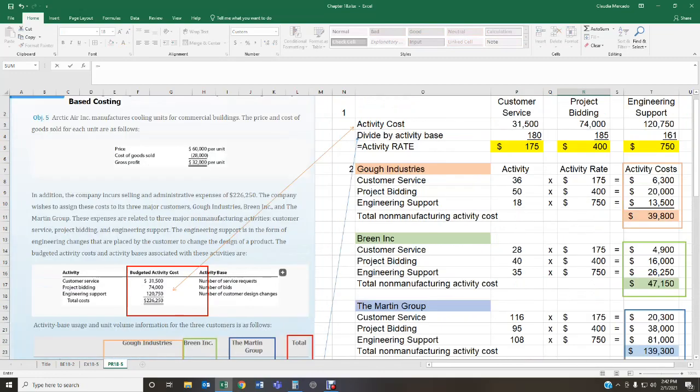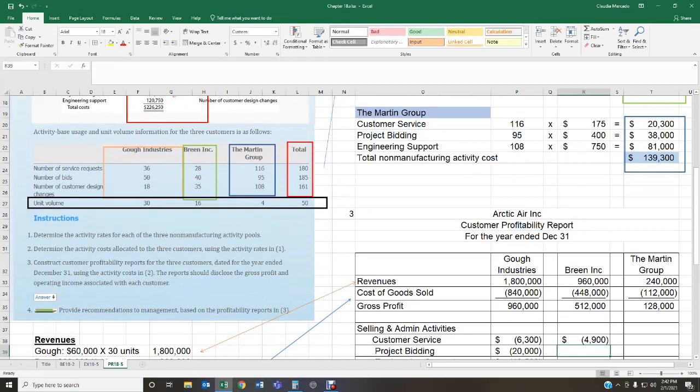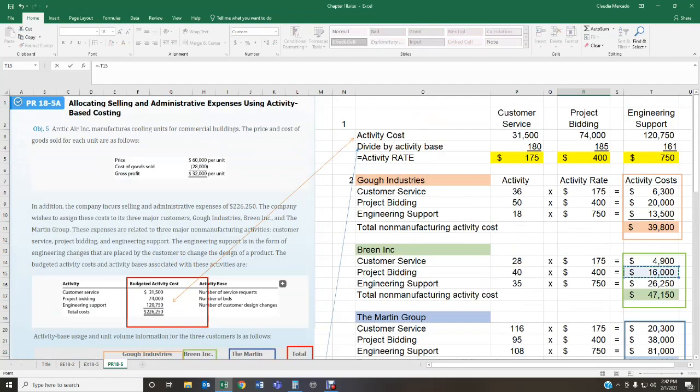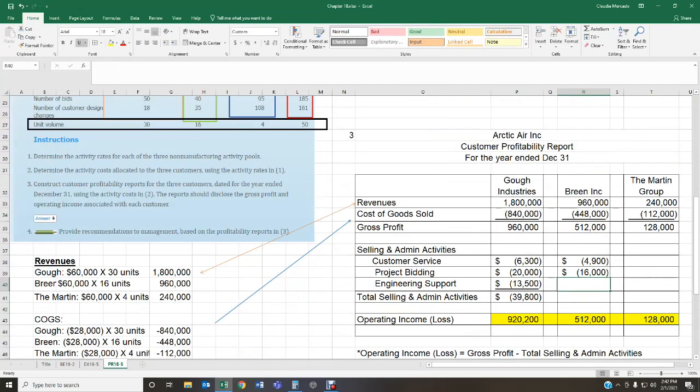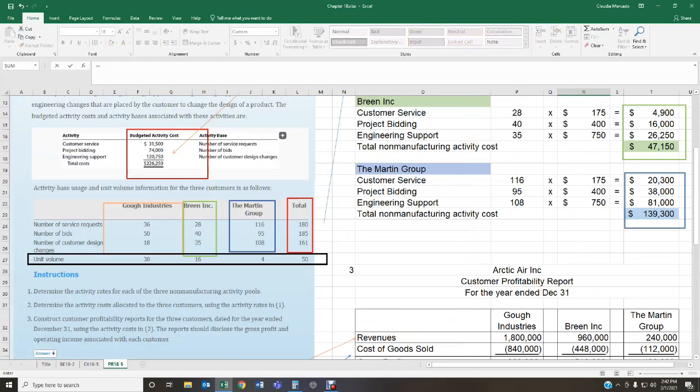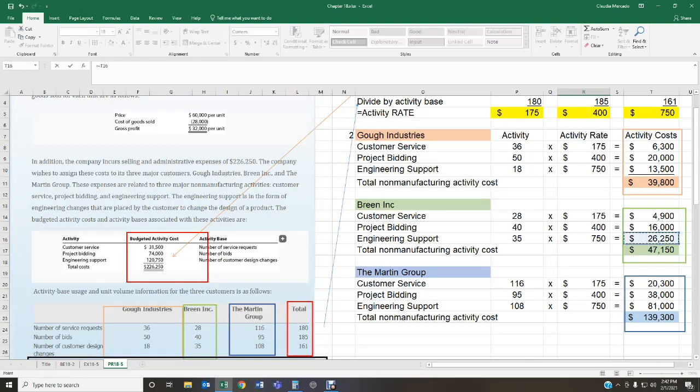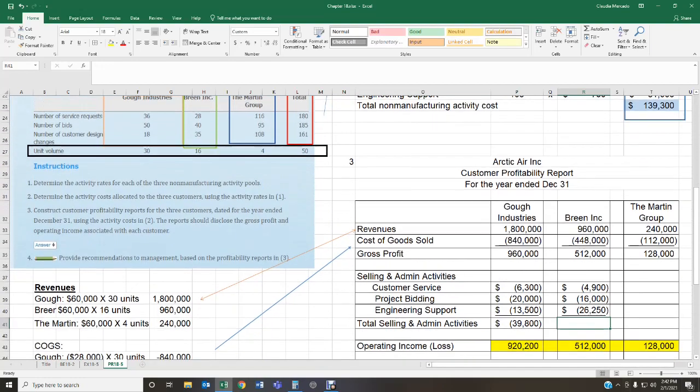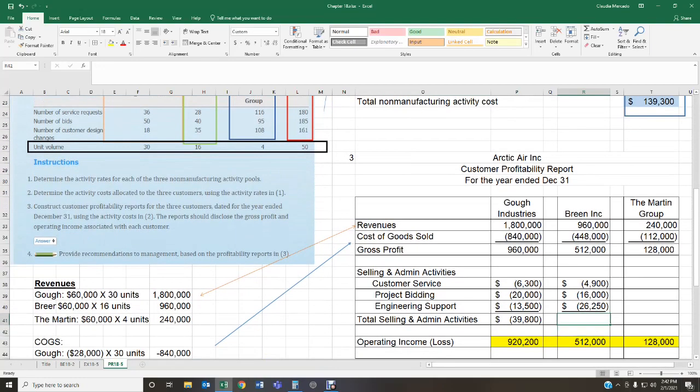For Bryn, we're going to get the 4,900 for customer service, the 16,000 for project bidding, and 26,250 for engineering support. We're going to add those together. That gives me 47,150.